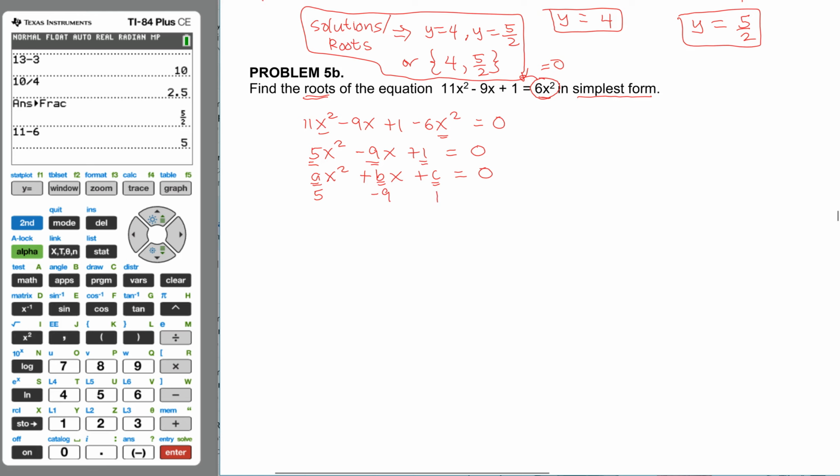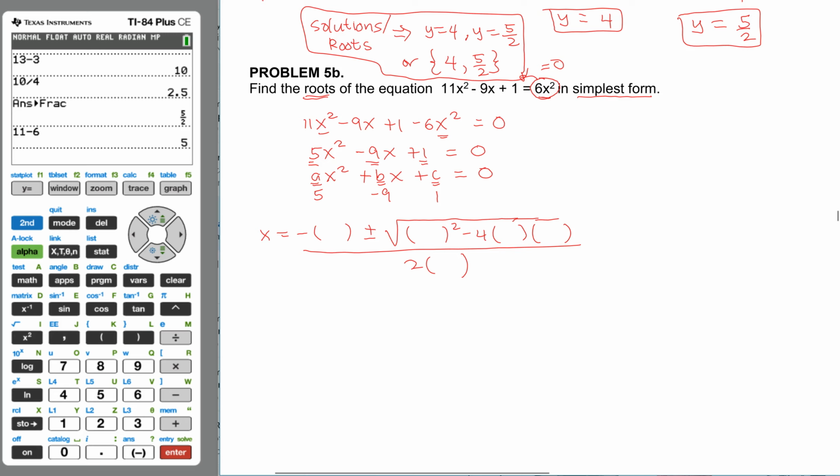Okay, we can now write the formula. We have x equals negative b plus minus square root of b squared minus 4 times a times c divided by 2 times the value of a.